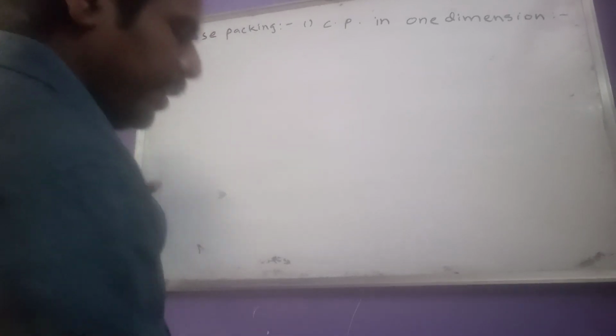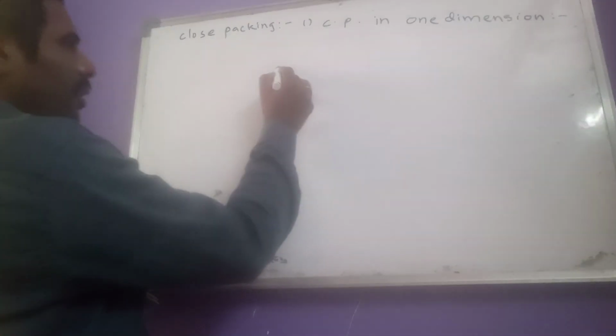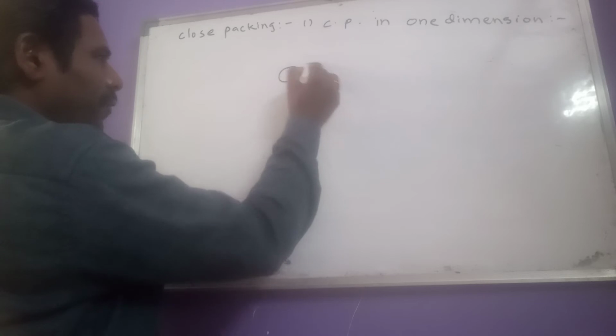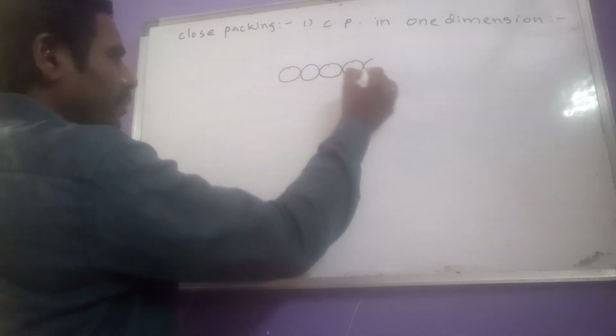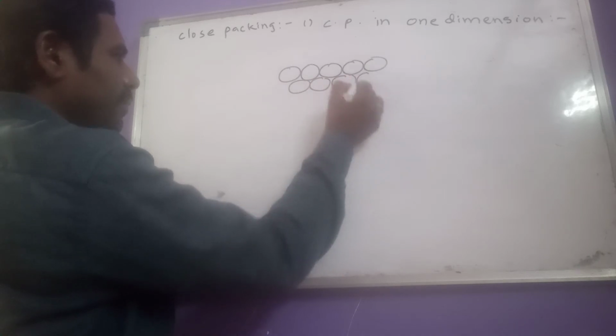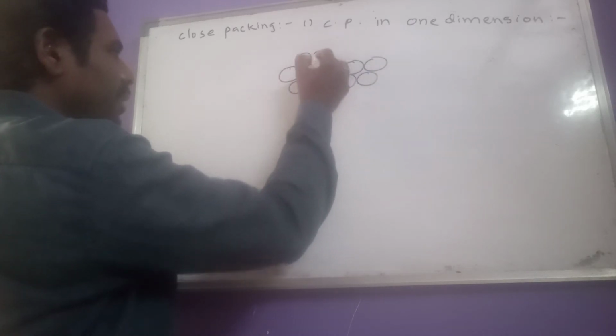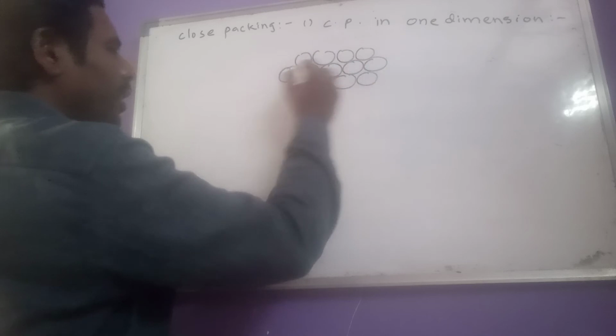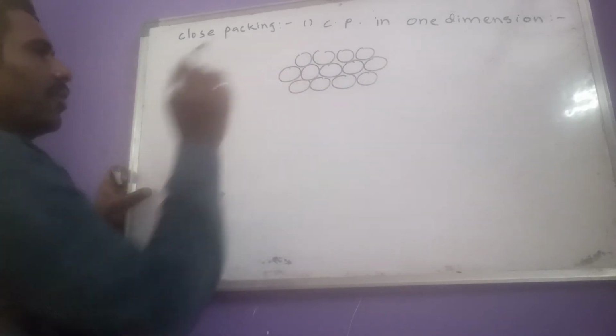See here, for example, let it be the first row and let it be the second row of spheres. These are third row spheres, like that we are considering, first row, second row, third row.